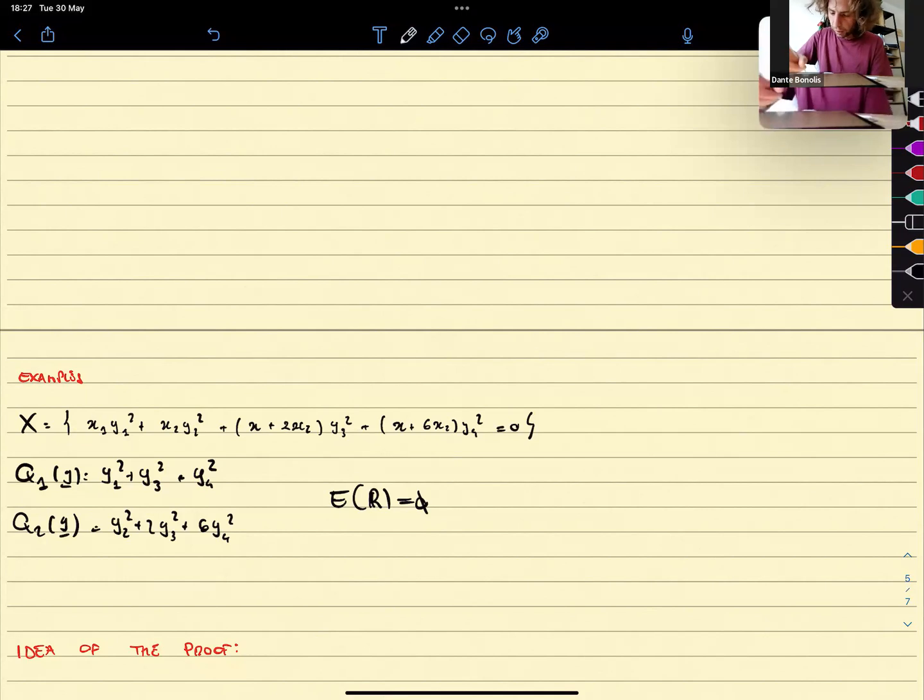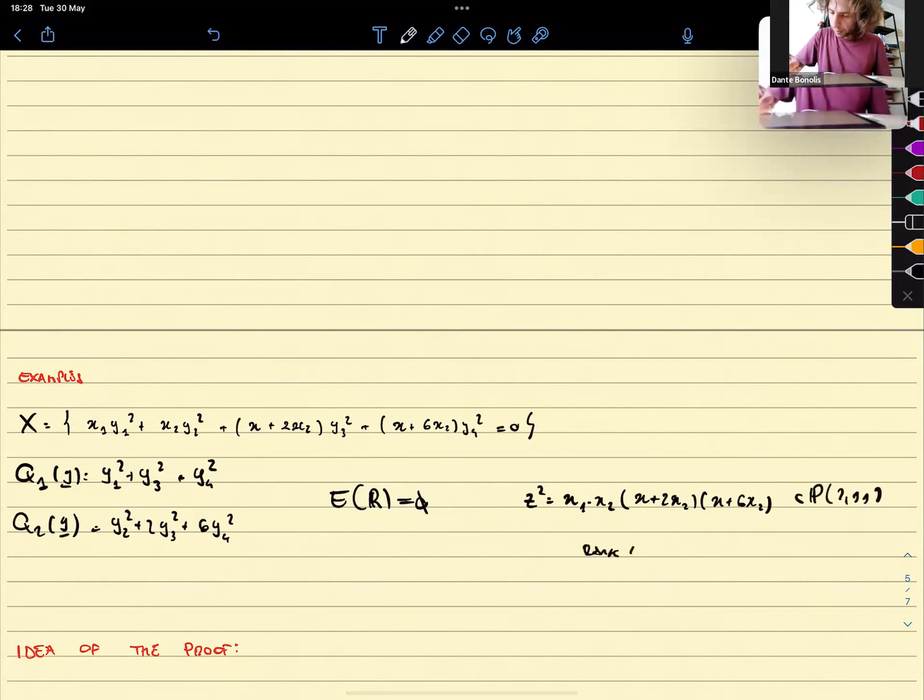Moreover, I just want to point out that if you try to write down the points which give you a split quadric, this is going to be equal to x1 times x2 times x plus 2 plus x plus 6 x s2, and this is a rank 1 curve, right?